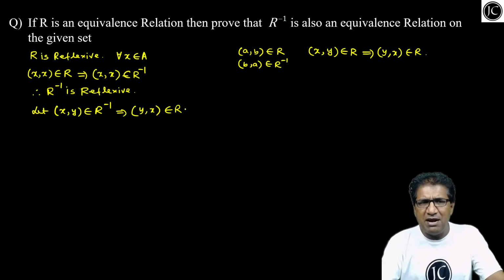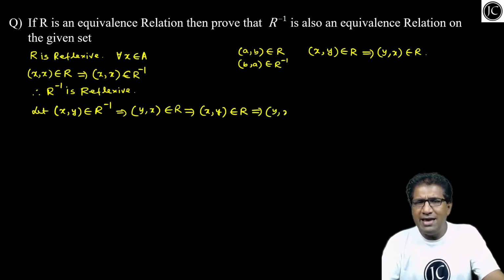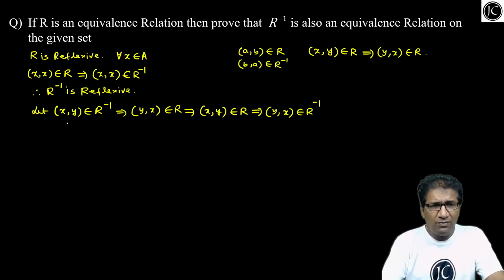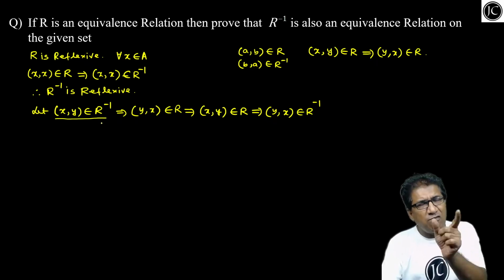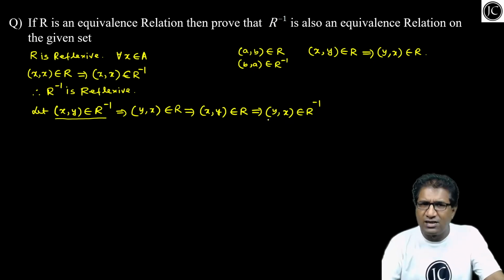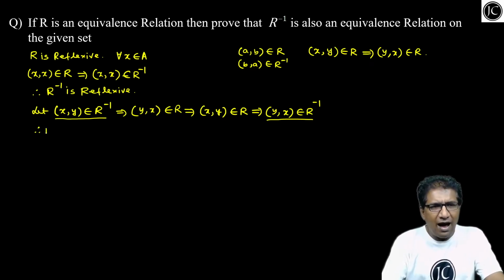So if R is symmetric, (y, x) belongs to R implies (x, y) also belongs to R. Yes or no? And if (x, y) belongs to R, then we say (y, x) belongs to R inverse. So what did we prove? This ordered pair (x, y), if it belongs to R inverse, that implies (y, x) also belongs to R inverse. Therefore, R inverse is symmetric.